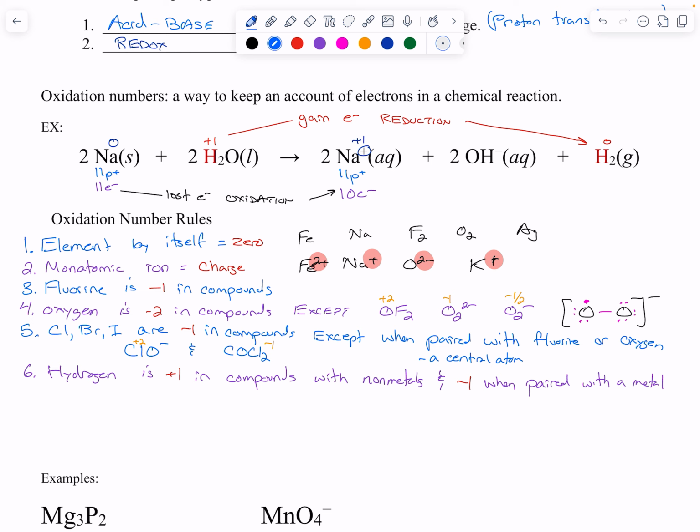And finally, number 7, group 1 is +1. And group 2 is +2 in compounds.